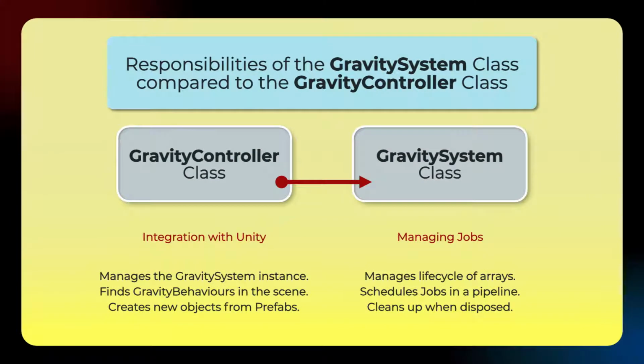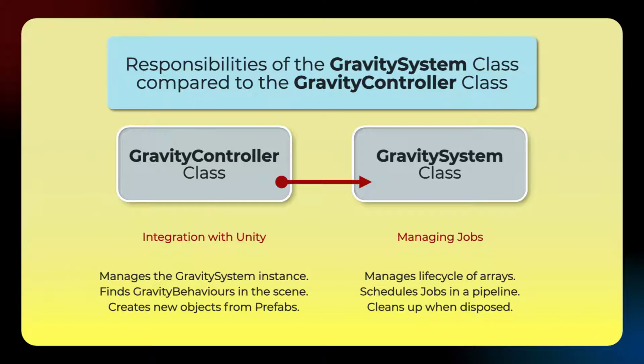So just to explain for a moment the role of the Gravity Controller class in relation to everything else, the Gravity Controller class starts the simulation and maintains the simulation. We've touched on this before in the previous video. Basically, this is handling the integration with Unity, which also means starting, maintaining frame by frame, and then ending when the simulation needs to end because the scene's gone away or because Unity's gone away, the program's ending.